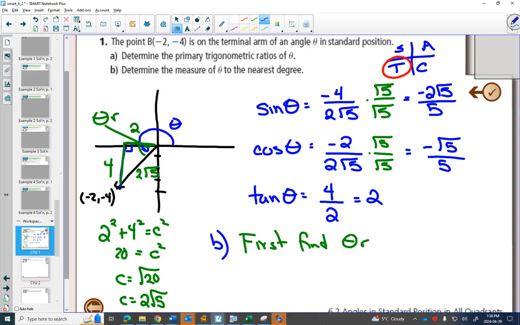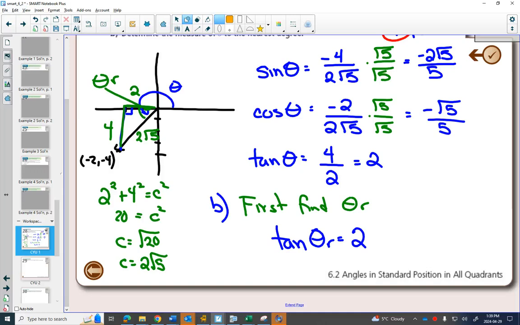They're all positive sides. If I was using sine, cos, or tan, based on the numbers, I probably would use tangent, because it doesn't have any square root. So I would start by saying, I know that tangent of my reference angle is opposite over adjacent, which is 2. How do you find an angle using your calculator?